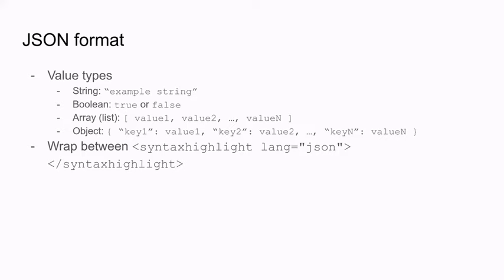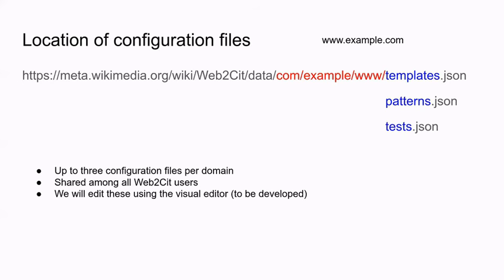Okay. I do have one question about the previous slide. So this one? Yeah. When you say up to three configuration files per domain, shared among all Web2Cit users, I'm a little bit confused. Basically you could have example, and let's say you had example2. Would example and example2 be sharing the same configuration files?